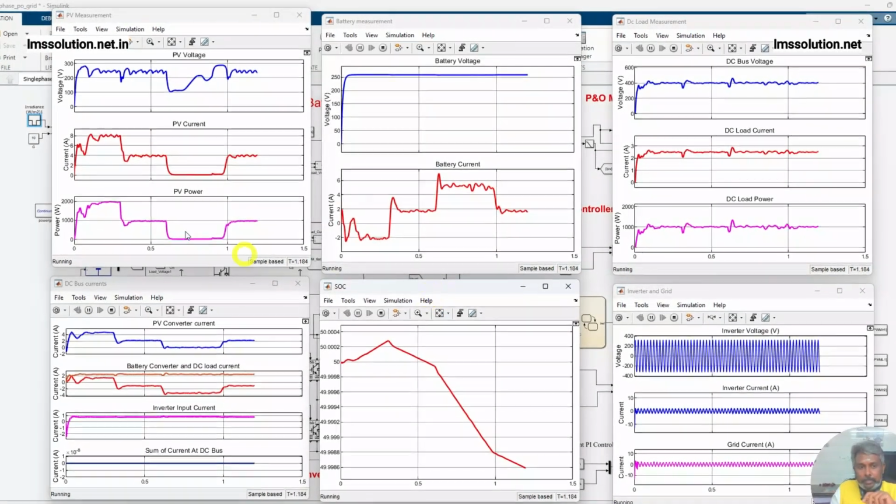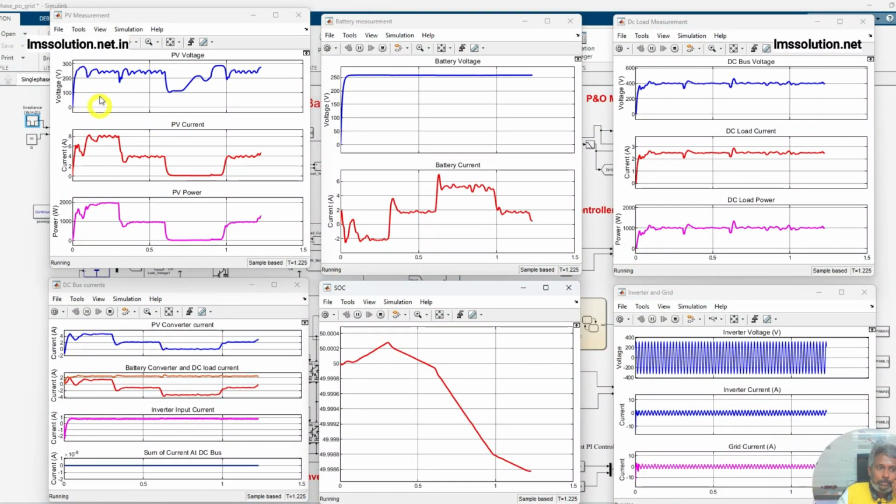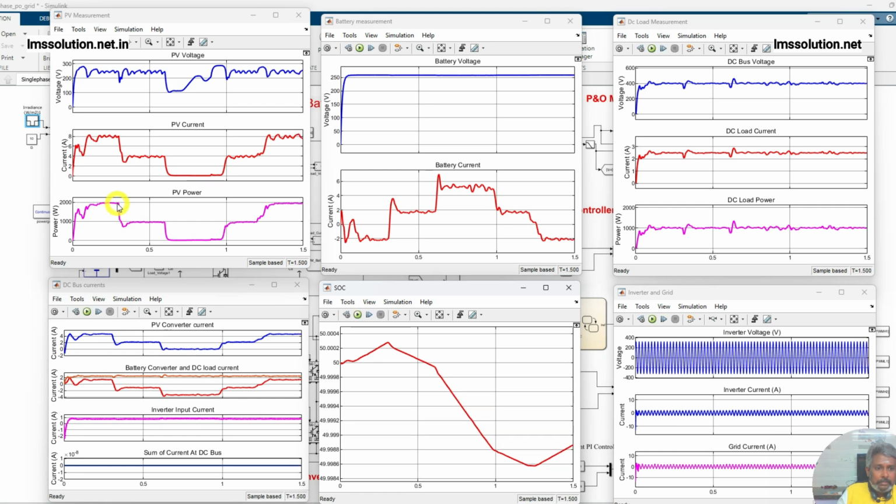So first I'm going to explain about PV. The PV voltage is maintained at around 245 volts when the irradiation is 1000 watts per meter square. When it is 1000 watts per meter square, the PV power extracted is around 2000 watts, but it takes around 0.2 seconds. At 0.3 seconds, the irradiation changes to 500, then the power comes to around 1000 watts.